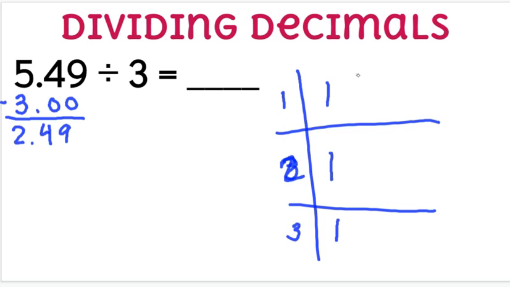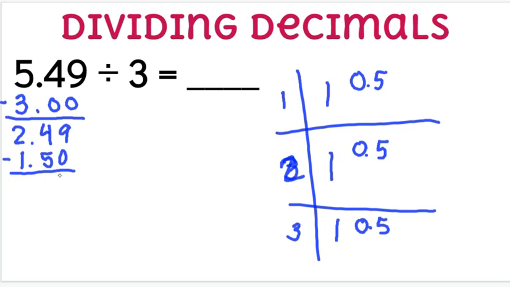So I could definitely do that. So I could add 5/10 to each of these groups. And if I take away 1 and 5/10, I would have 99 hundredths left.